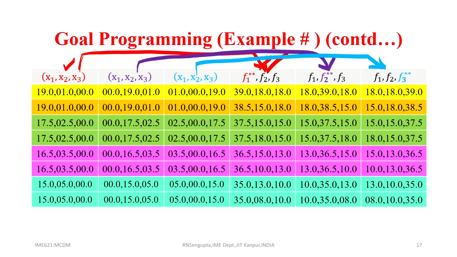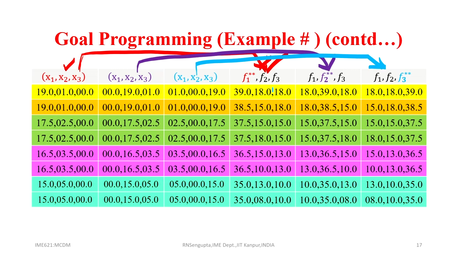Now, let us see why we made different coloring schemes for the values in the table. Let us consider the part corresponding to the yellow one. The values of x1, x2, x3 corresponding to f1 being optimized are 19, 1, 0, and the values for f1, the first objective being optimized, are 39, 18, 18.